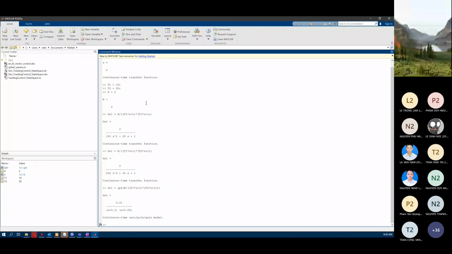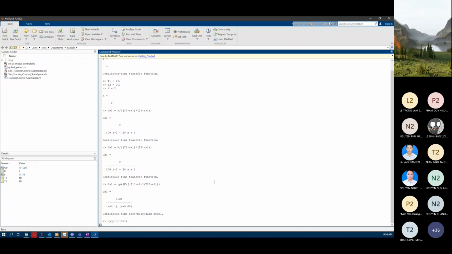Okay, you see, then we use the nyquist function to draw the Nyquist diagram of this G1.